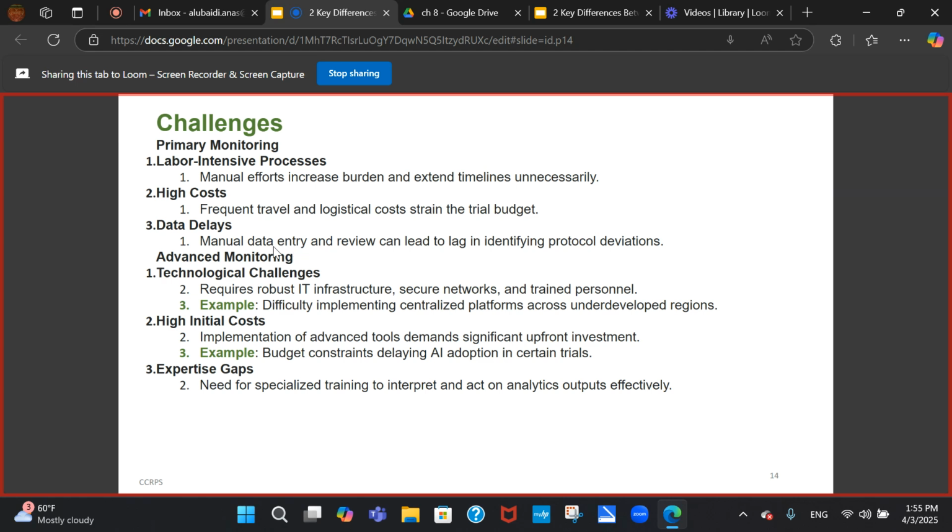While the challenges for the advanced monitoring, although it's advanced, we still have challenges here. Despite the order, we have the technological challenges, the high initial costs, and the expertise gaps. So technological challenges: requires robust IT infrastructure, secure networks, and trained personnel.